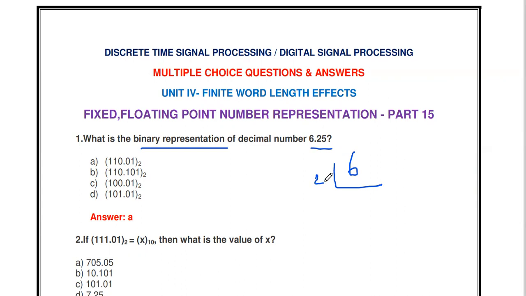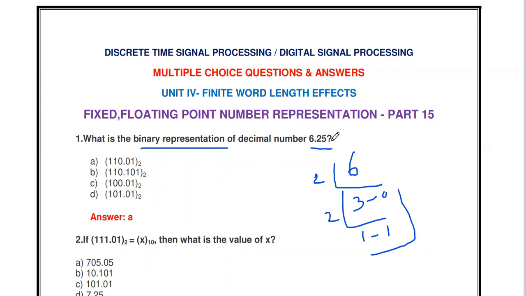You know the method: you divide by 2. If we divide, we get 3, and the remainder is 0. Similarly, you divide this quotient again by 2. We get the quotient 1 and the remainder 1. So the binary representation for the number 6, you write in this order: 1, 1, 0.